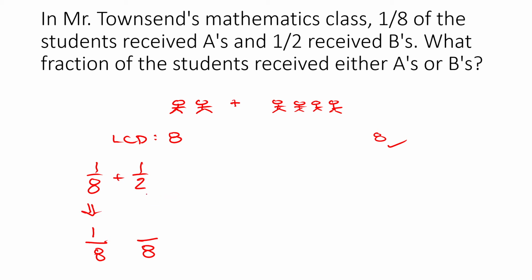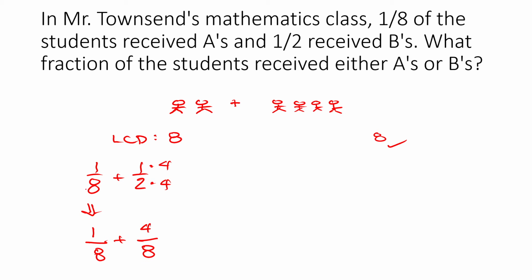Now how about 1/2? Do we need to change 1/2 to some fraction over 8? Yes. So the number we need to multiply 2 by is 4. So we also need to multiply 1 by 4. 1 times 4 is 4. 2 times 4 is 8.